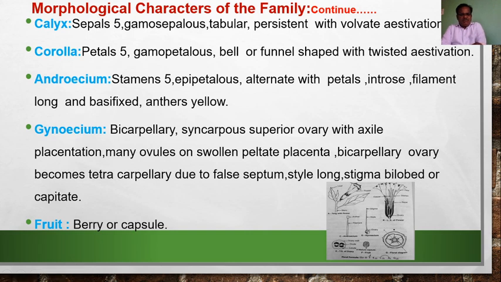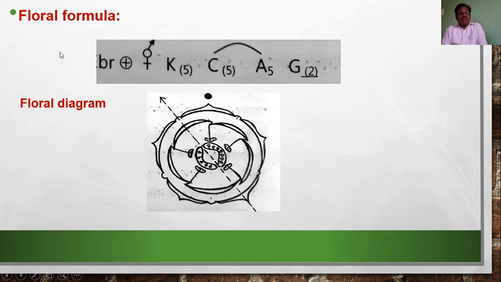When we take the example of brinjal, it is a berry, or tomato, it is a berry, and capsule is Datura alba. Then floral formula: the flower is ebracteate, actinomorphic, calyx and corolla are present, androecium and gynoecium are present, so it is bisexual. K5, sepals 5, gamosepalous, they are in brackets; corolla, petals 5, gamopetalous; then androecium 5, free, and epipetalous, they remain attached to the petal.